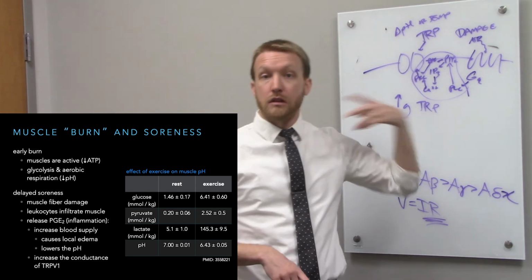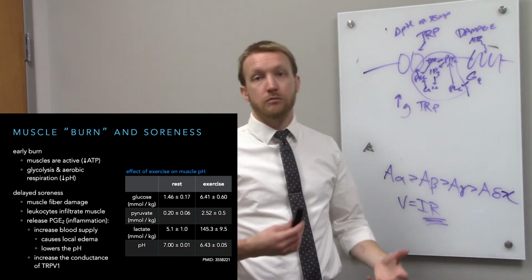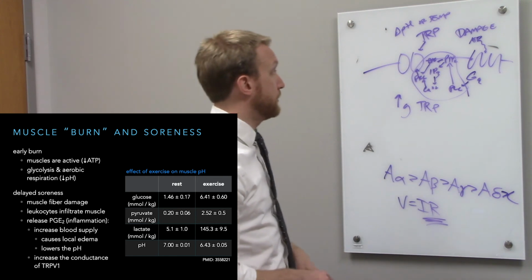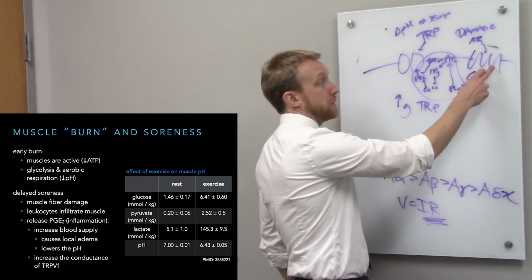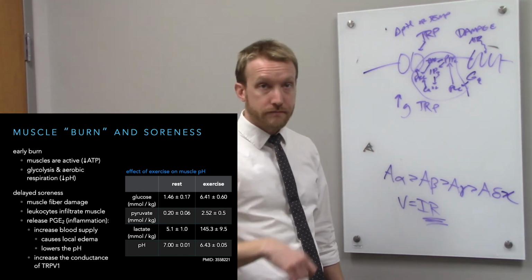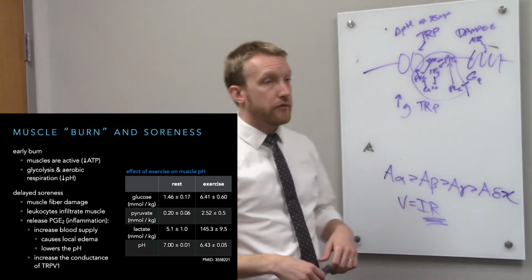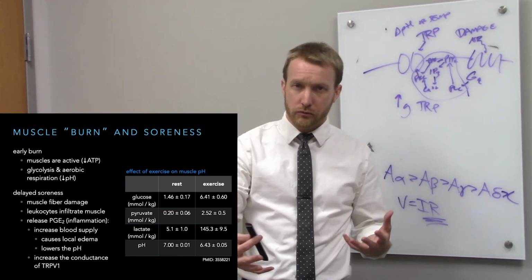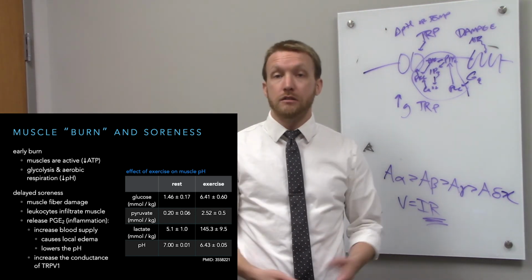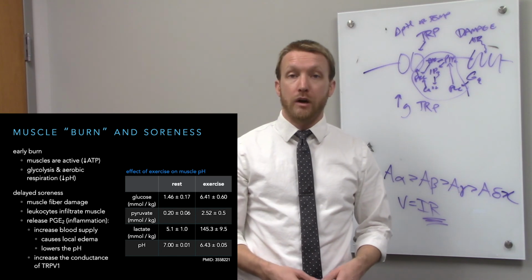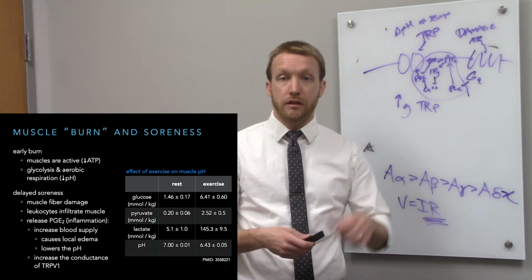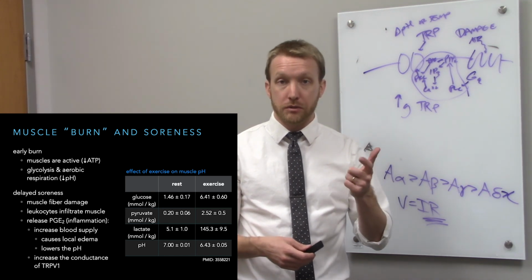Afterward, so the delayed onset muscle soreness, that's most likely due to inflammation. Inflammatory cytokines can also stimulate receptors to increase activity of TRP channels. So if we have any damage to the muscle, you worked really hard, of course, damage causes inflammation. Inflammation requires an increase in blood flow to the site. So you'll get an increase in blood flow, you'll get a little bit of fluid pulled out of the blood.